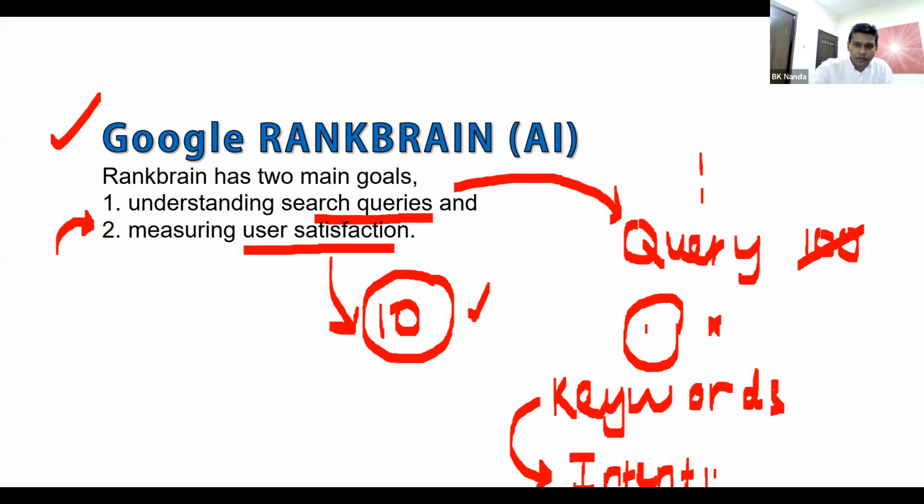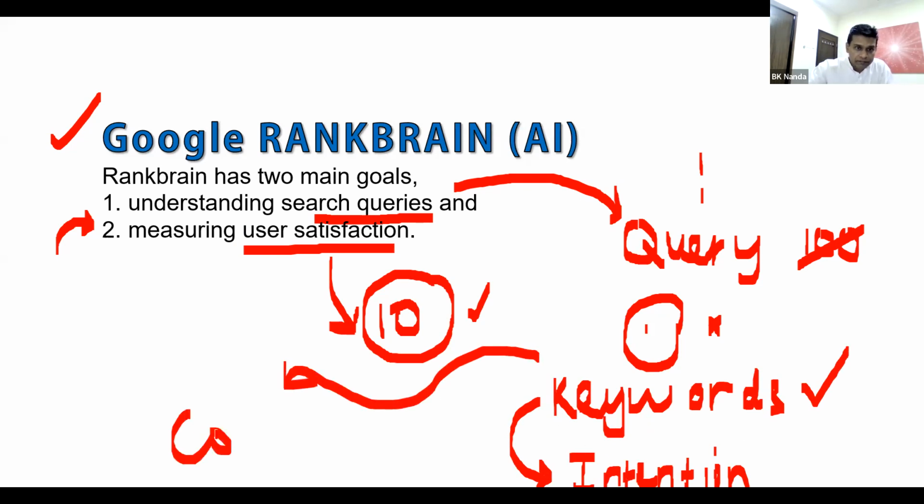How does it match? Google is going to match the keywords that you type in your search bar with whatever content is on your first page, your home page. And it's going to match with your intention. Now, how does it know your intention?